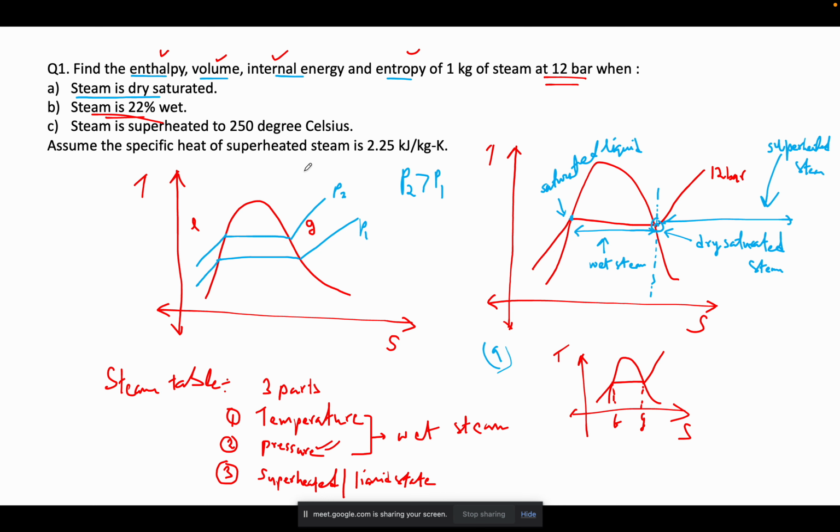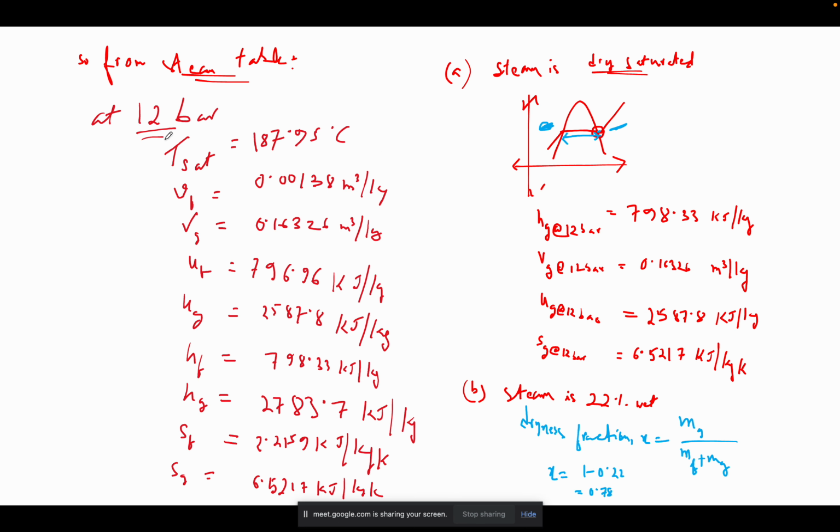And in the next part, by using this Cp value also we can calculate the values. So for the first part, let us see the steam superheated to 250 degrees Celsius. We have already found one value: at 12 bar the saturation temperature is 187.95 degrees Celsius.